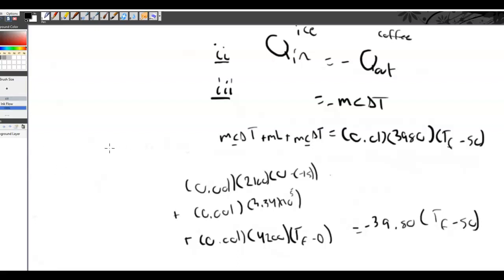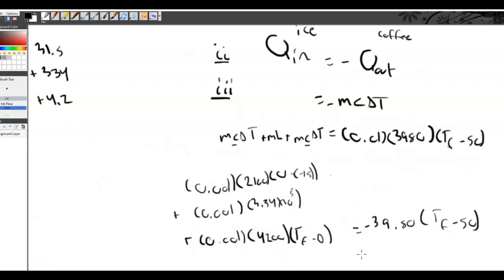So I'm going to give myself some space up here by erasing some of these things. On the left side, I'm just going to calculate all this out. I'm going to do 0.001 times 2100 times 15. That's going to be 31.5, plus 0.001 times 3.34 times 10 to the 5, that's 334, plus 0.001 times 4200 times TF.